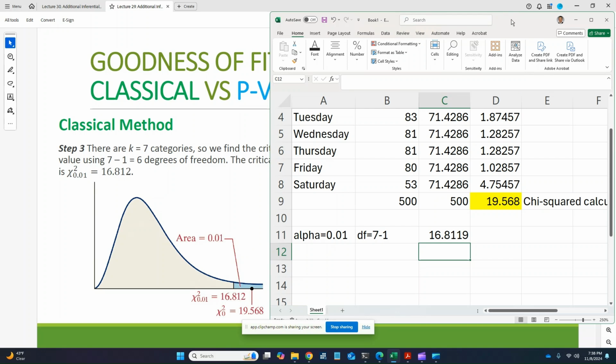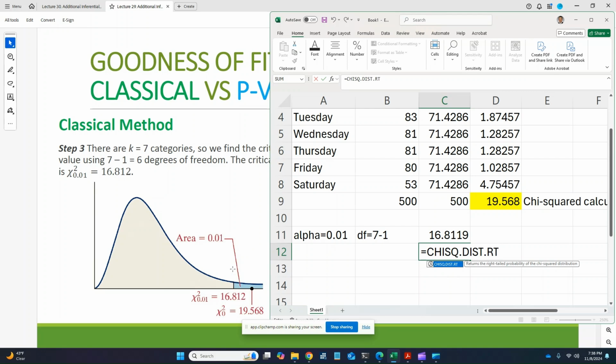Alternatively, we could have done a p-value method. That is, what is the lowest alpha where this value on the x-axis becomes the threshold. So we are talking about the region to the right of this value. If we do that, we can use a different formula, chi-square dot dist dot rt.